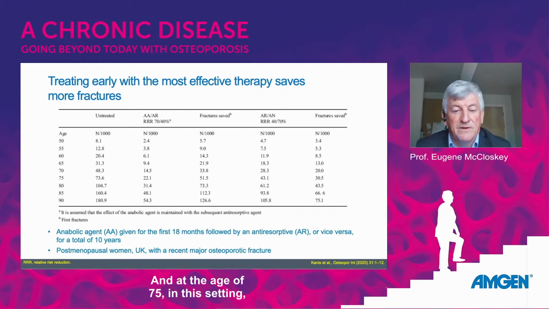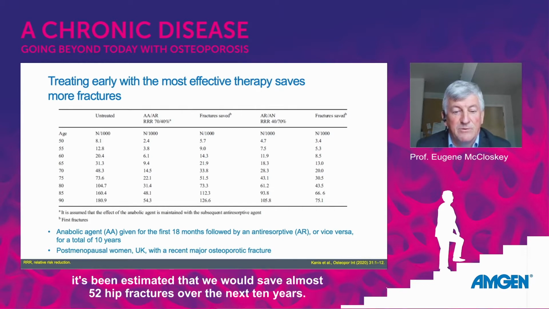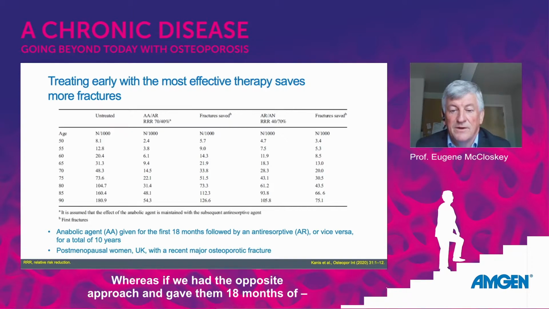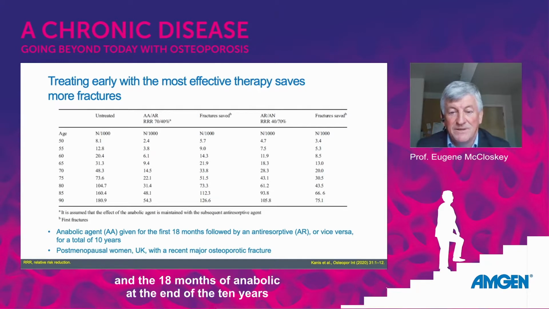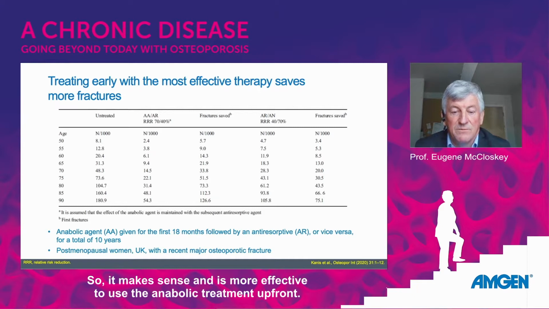At the age of 75, in this setting, it's been estimated that we would save almost 52 hip fractures over the next 10 years. Whereas if we had the opposite approach and gave them 8.5 years of the anti-resorptive and 18 months of anabolic at the end of the 10 years, we would only have saved 30 hip fractures. So it makes sense and is more effective to use the anabolic treatment up front.